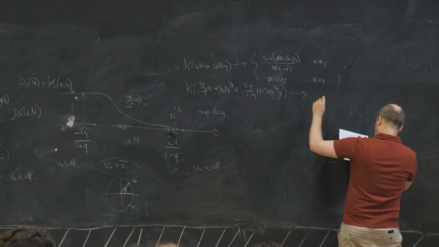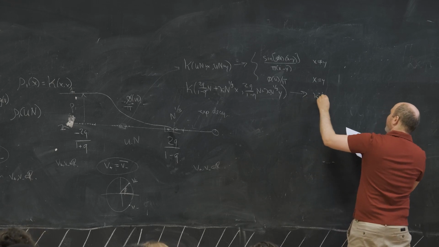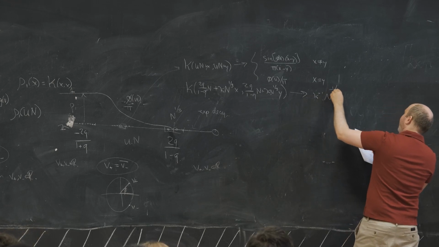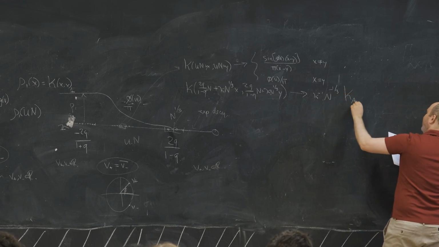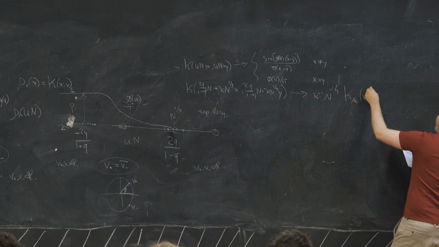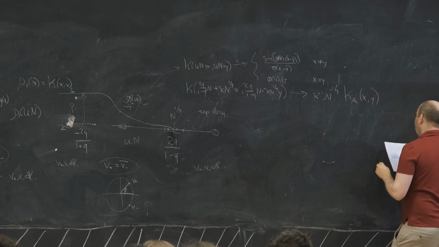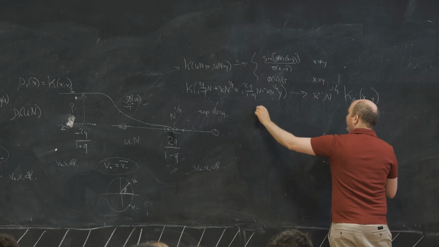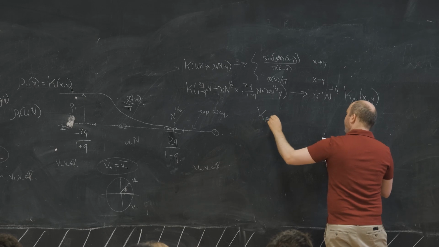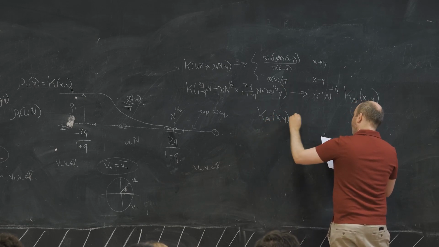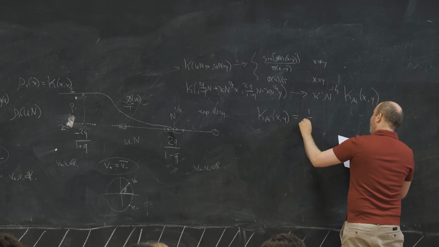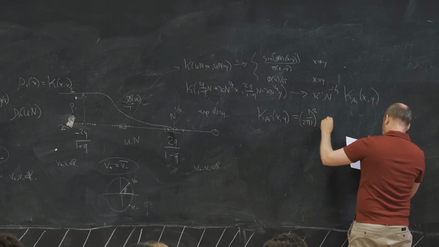So first of all, this decays like n to the minus 1/3, but then if you look at what's left over, you get convergence to something that's called the Airy kernel. And this Airy kernel, well, it's slightly more complicated than the sine kernel, but it's given again in terms of a double contour integral formula.